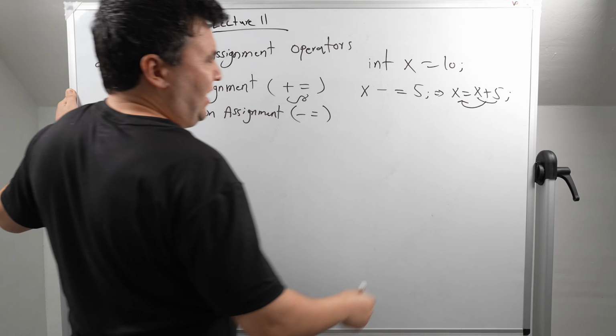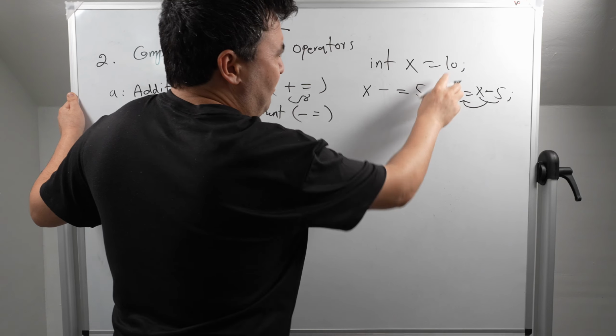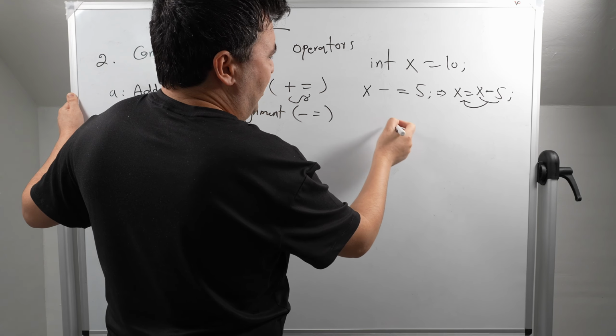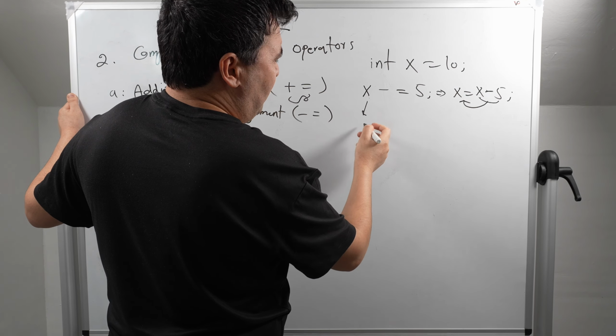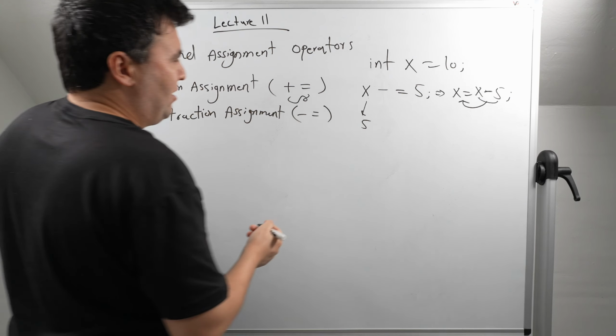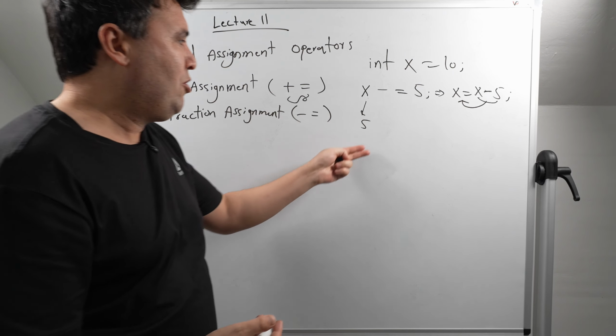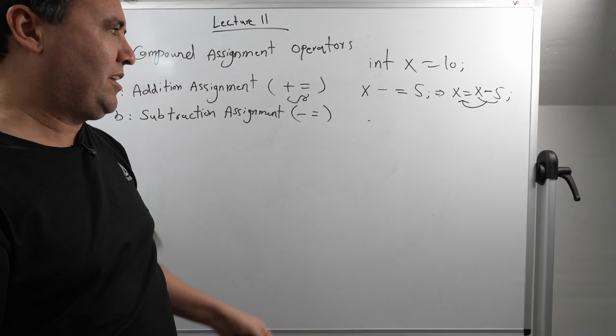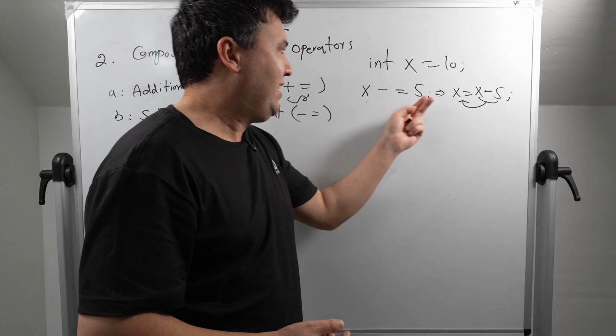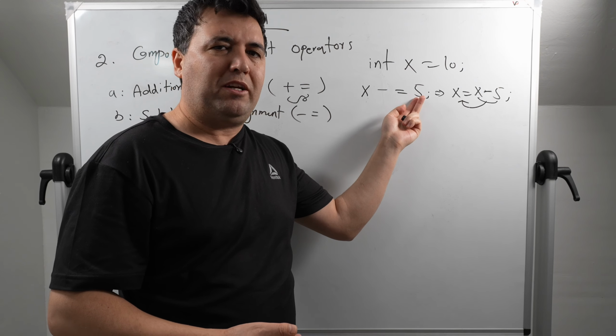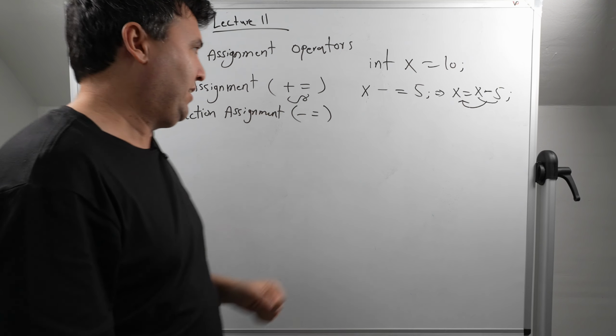So now if we print out x, the value will be 10 minus 5, which becomes 5. So inside variable x we have 5. So it performs two operations at the same time. It performs subtraction, then it assigns the result to the variable x.